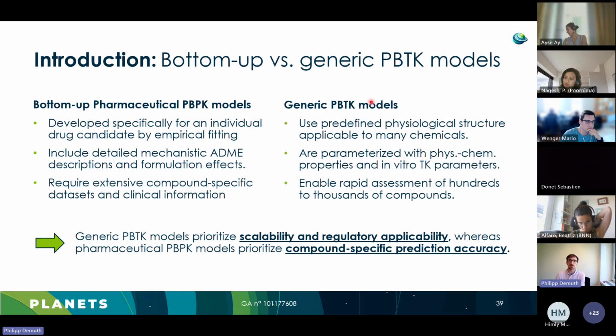Here we have, as I explained, a predefined physiological structure. It is applicable to a lot of chemicals, not all, but a lot, depending on the parameters. And you normally only use in vitro or in silico data for the parameterization. And therefore, for our purpose, generic PBPK models are normally applied.